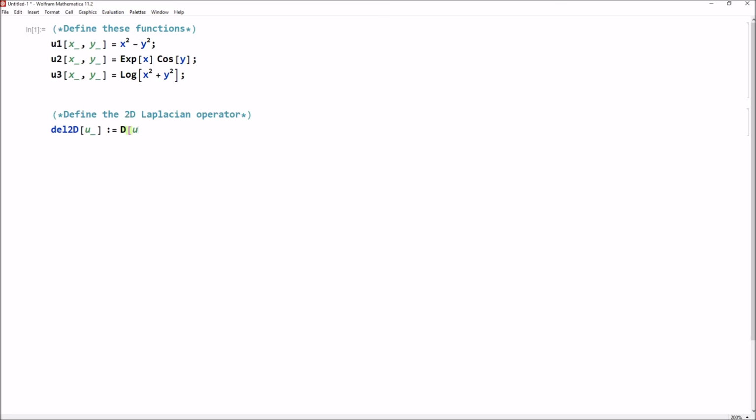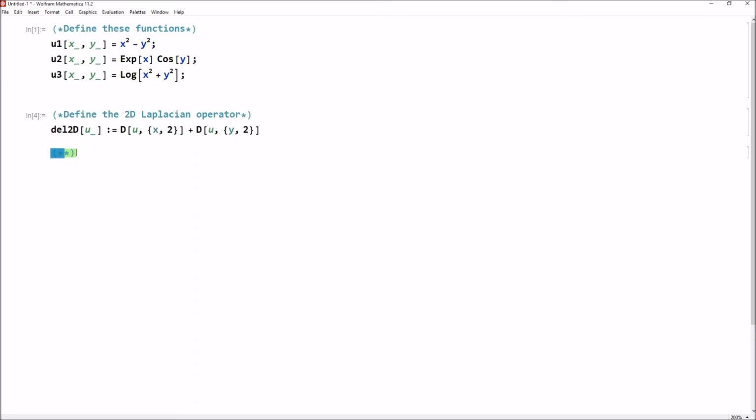It takes the function u, takes its derivative with respect to x twice, and adds that to the function's derivative with respect to y twice. So effectively this is uxx plus uyy. I'll shift enter that. I don't need a semicolon because I use the set delay operator.